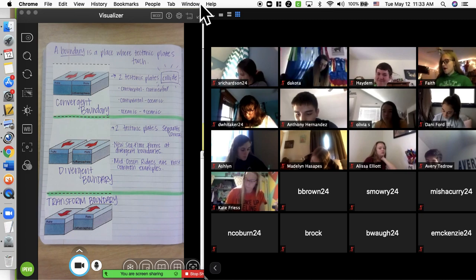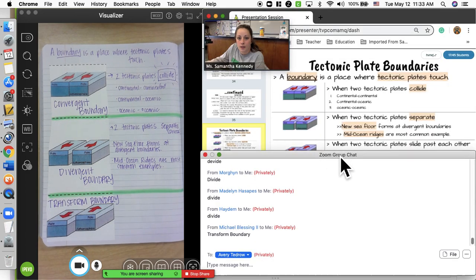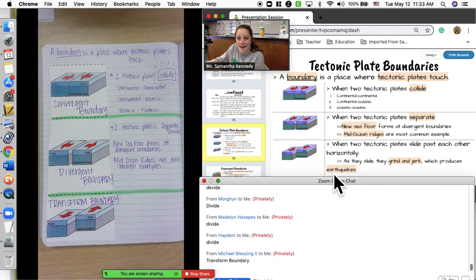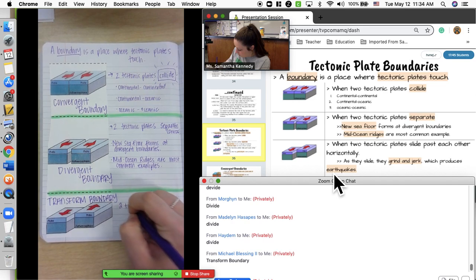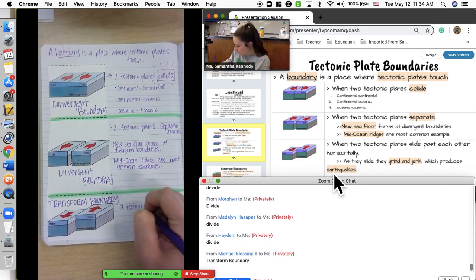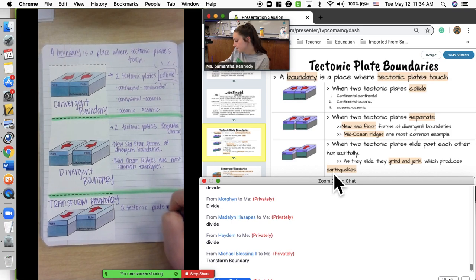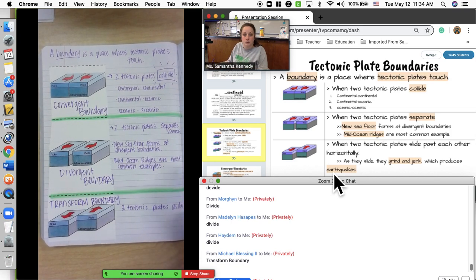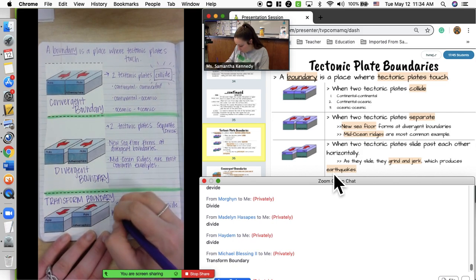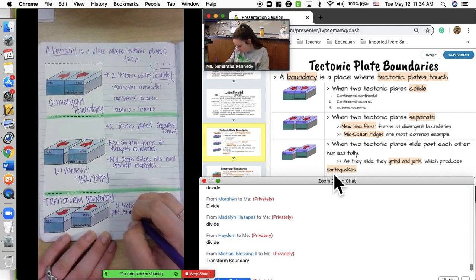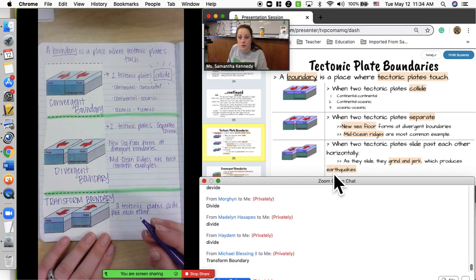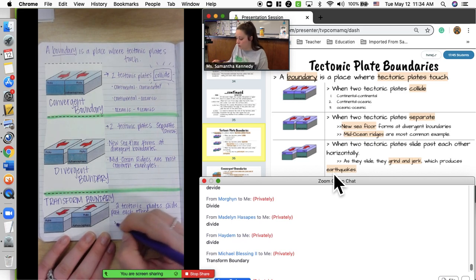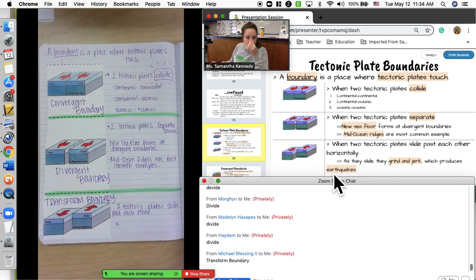Okay. And our notes say when two tectonic plates slide past each other. And go ahead and put this in the chat. What do transform boundaries produce? What do transform boundaries produce?